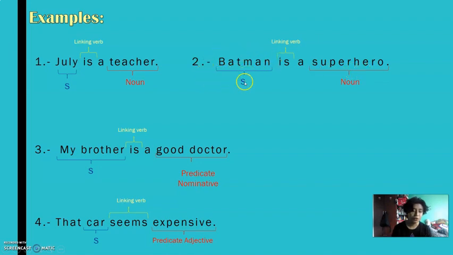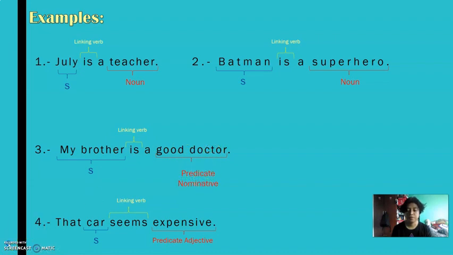Batman is the subject, is is the linking verb, and superhero is the noun. Number 3 says my brother is a good doctor. My brother is the subject, is is the linking verb, and a good doctor is a predicate nominative.